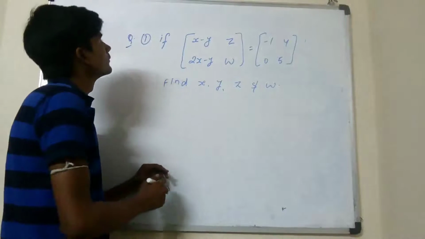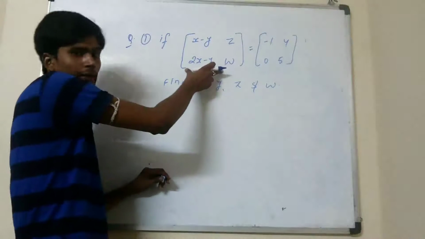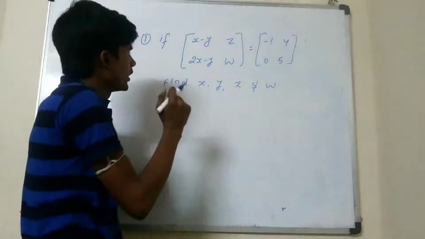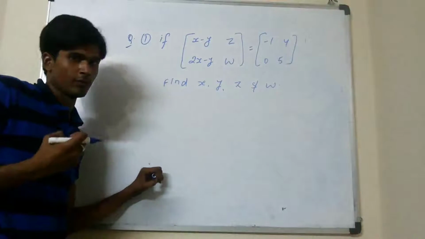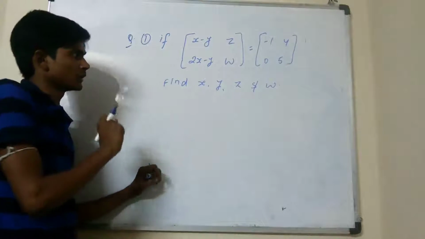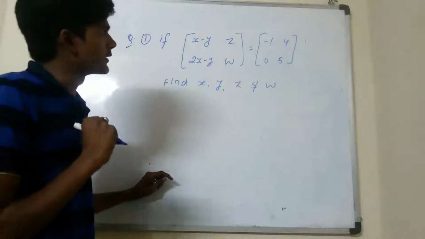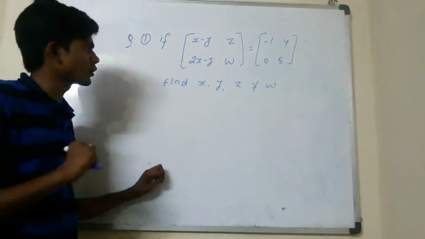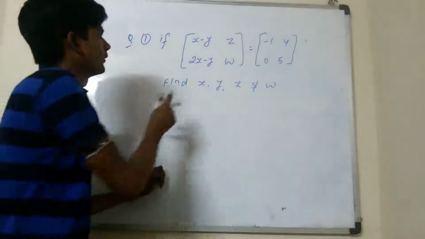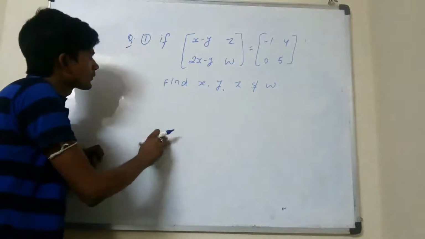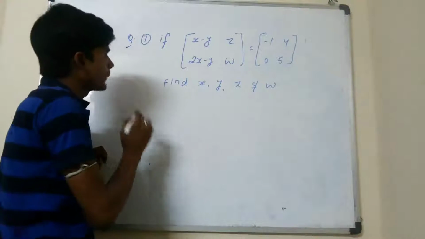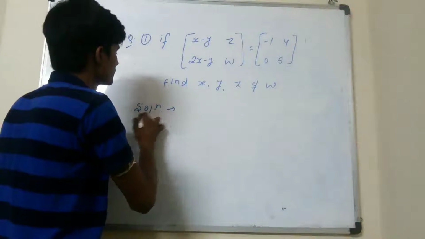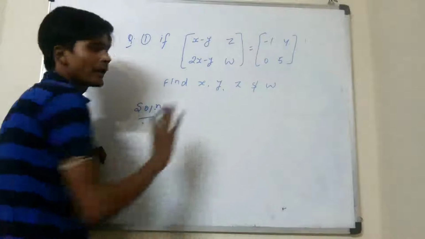This is a question: if this matrix is equal to this matrix, then find the value of x, y, z and w. This question is based on the equality condition. If you know the condition for two matrices to be equal, then you can solve it. In the case of equal matrices, corresponding elements are equal.